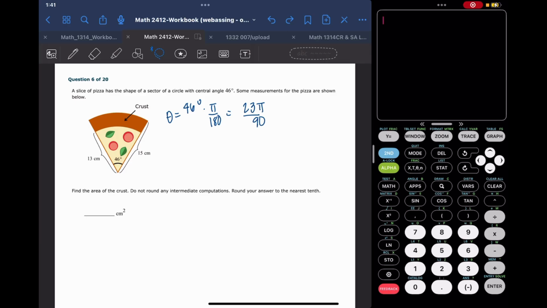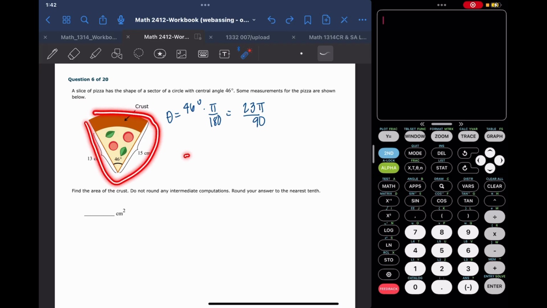And then we're going to use the area of the sector, but we're going to subtract the area of the large part of the sector minus a small part of the sector. So it's going to be all of this minus this part. And the way that we write that out is with the sector formula.